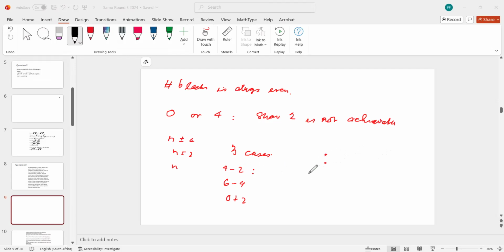See, because if your original configuration is 4, it could be any one of these, that one, or that, and so on. And you can place your punch on these, and you will never come to 2, on any one of these.